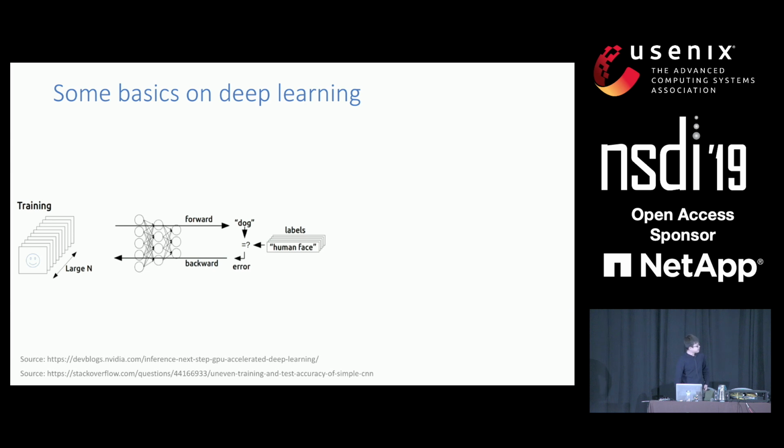Now, let me briefly explain how to train a DNN with this graph. This is image classification, a typical use case of DNN. The training process alternates between 2 processes, a forward process and a backward process, and it keeps iterating until the model converges. In the forward process, a DNN takes as input a bunch of images, each represented by a pixel matrix.